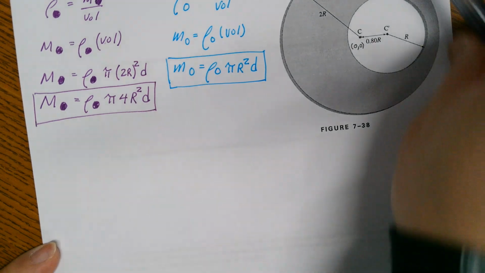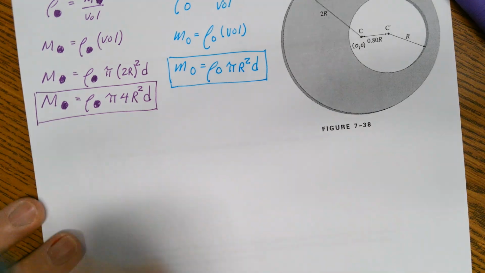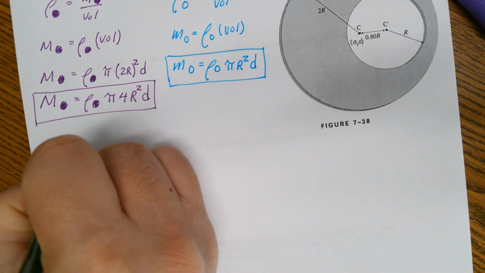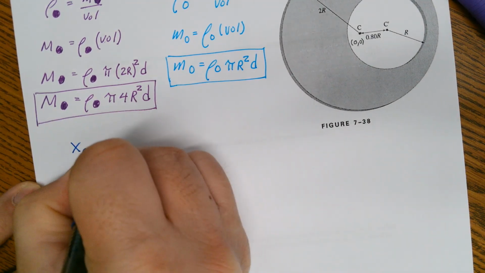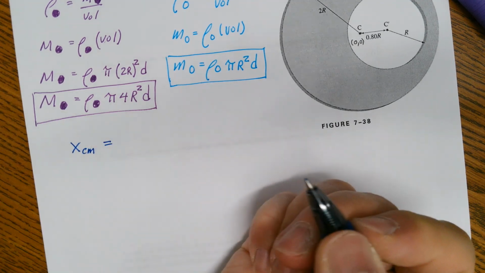So how do we calculate x sub cm? If we calculate x sub cm, we're looking at just along the x-axis.